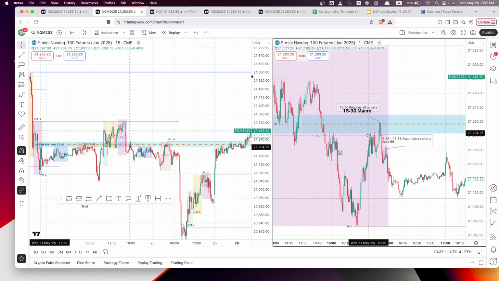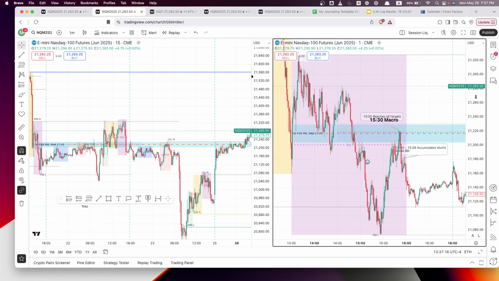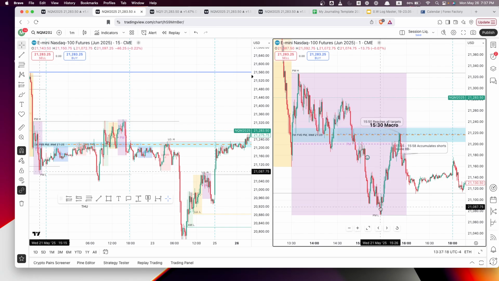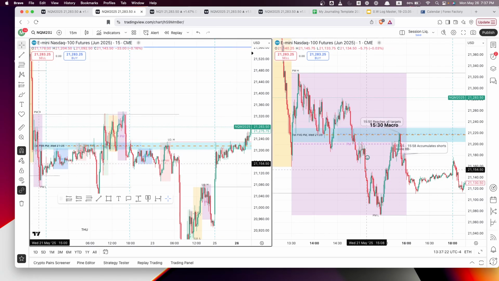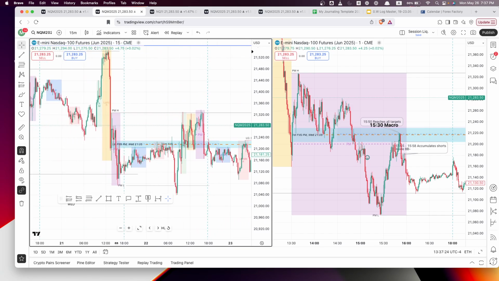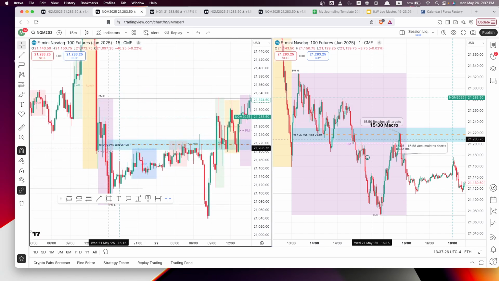So notice how it's reaching here. It's also reaching the consequent encroachment of the highest high and lowest low of the PM session. And notice this 15 minutes fair value gap.